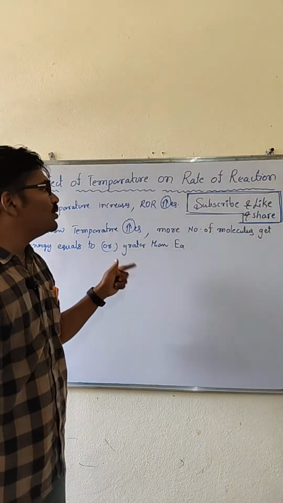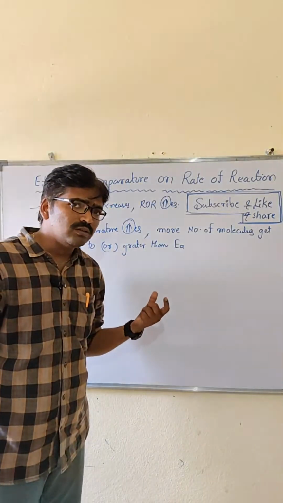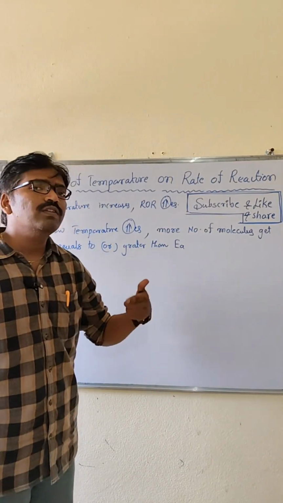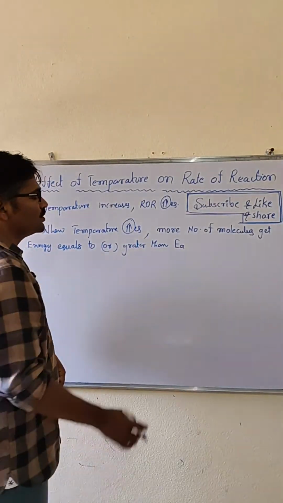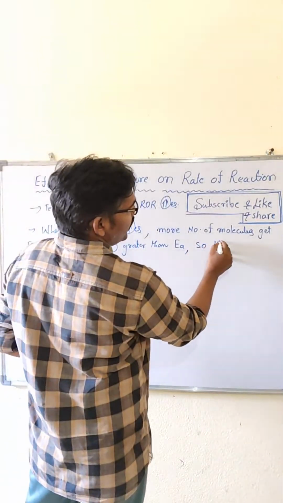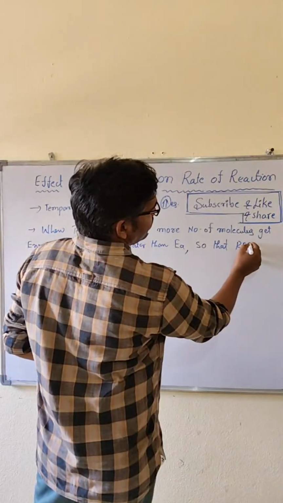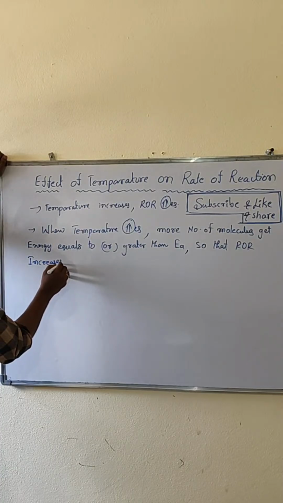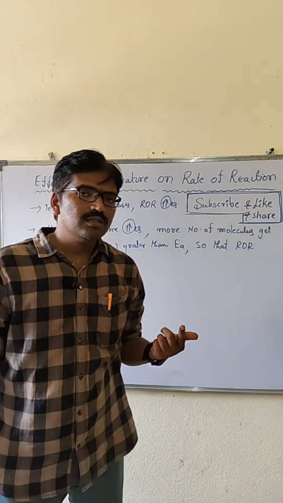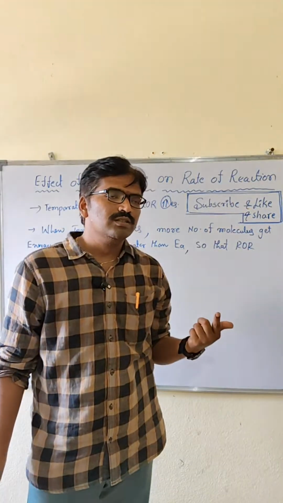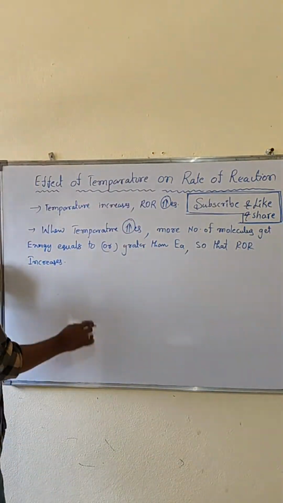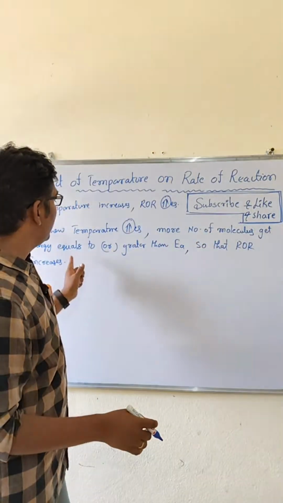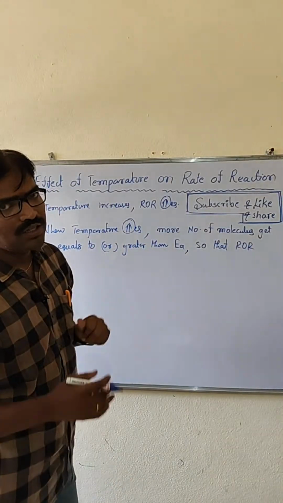Once the fraction of molecules getting activation energy increases, the rate of reaction goes very fast. So this is the factor actually. We can say simply the rate of reaction increases when temperature increases. The reason is that more number of molecules get activation energy.